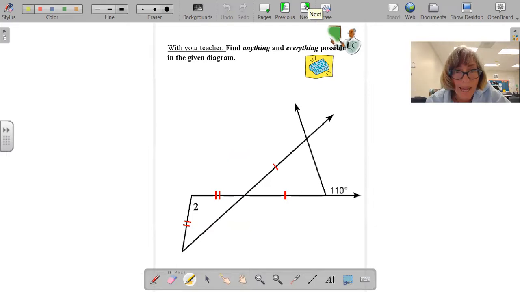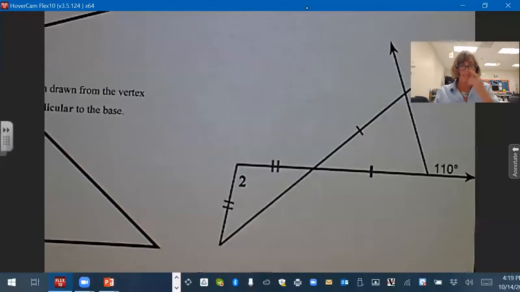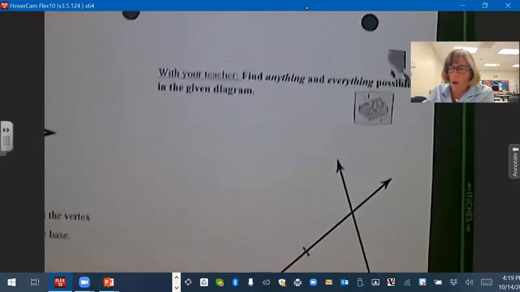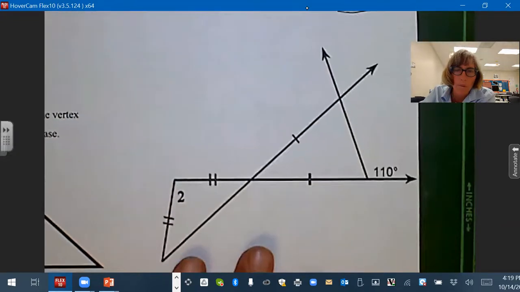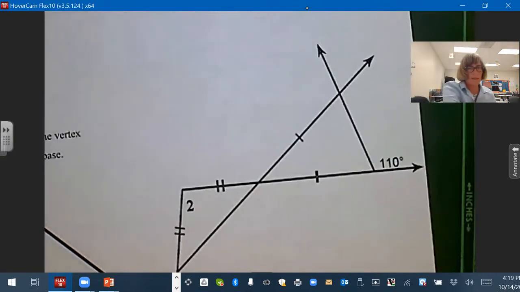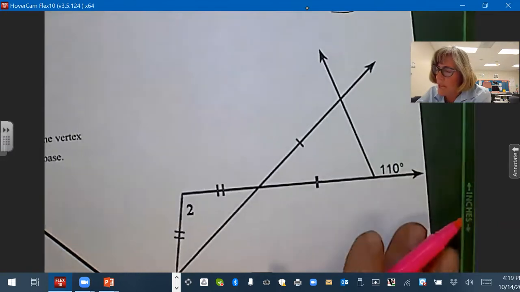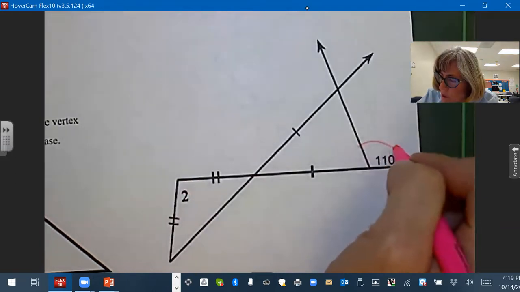Let's do a problem together. Taking a look here, our goal, it says find anything and everything possible in this diagram. So the only angle we've been given is the 110. That 2 is just a numbered angle. So watch how we do this. First off, the 110's here.